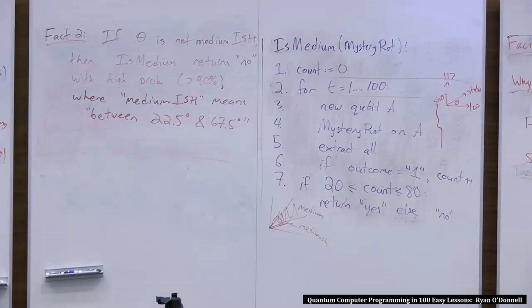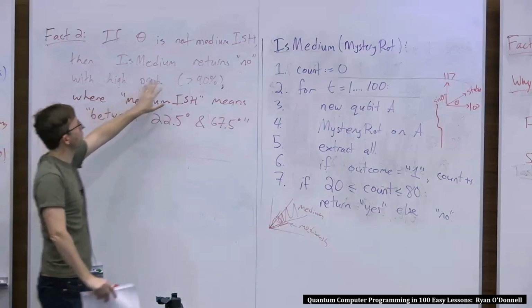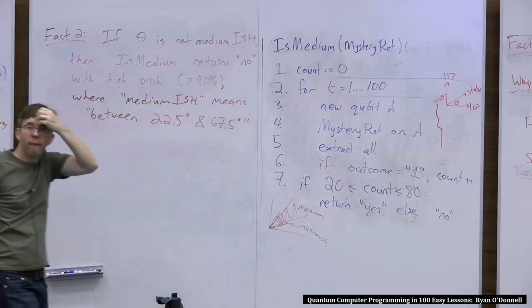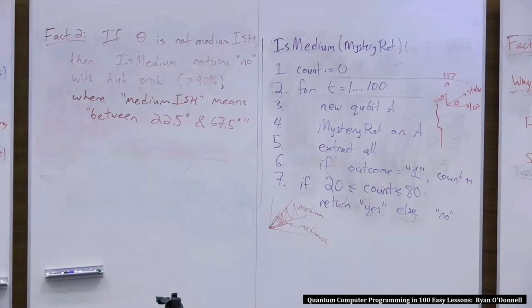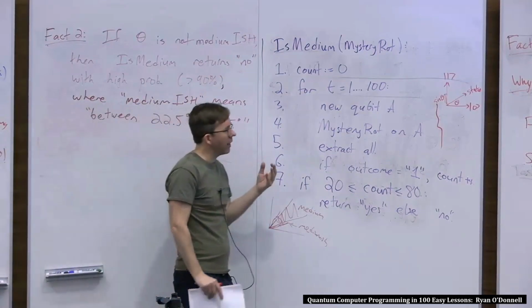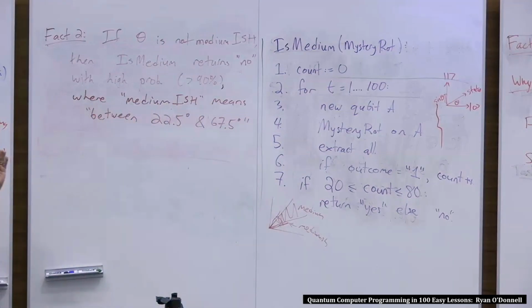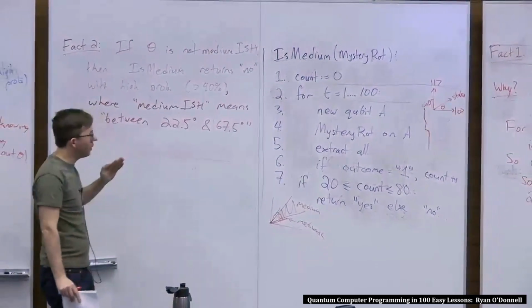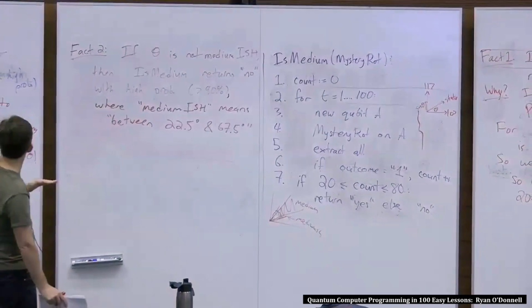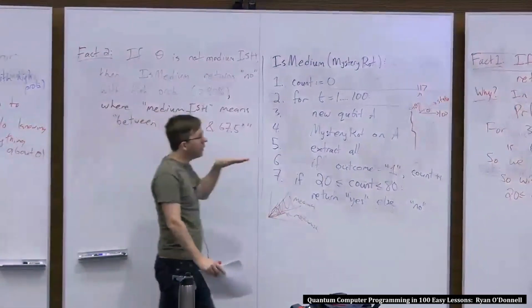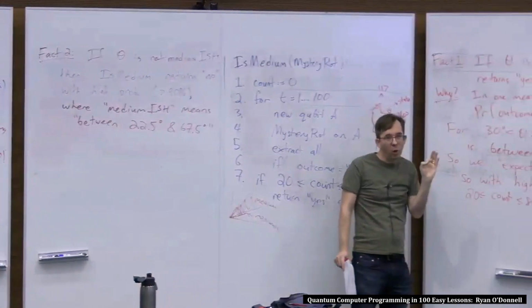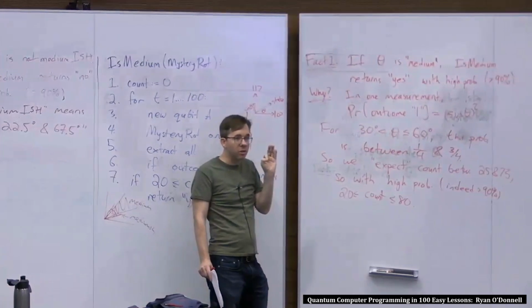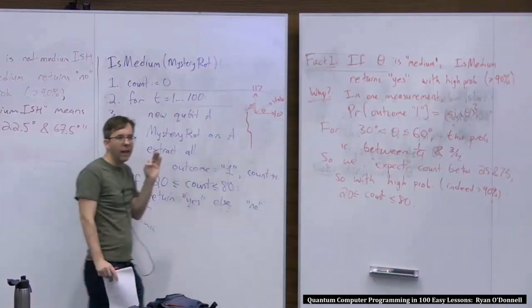Let me briefly ask you now, why didn't I just put medium here? The point is, in these statistical estimation problems, imagine theta was 30.00000001 degrees, or maybe 29.999999 degrees. If you're really trying to check whether it is literally medium or literally not medium, you have to know the difference between 30.00000001 and 29.999999.